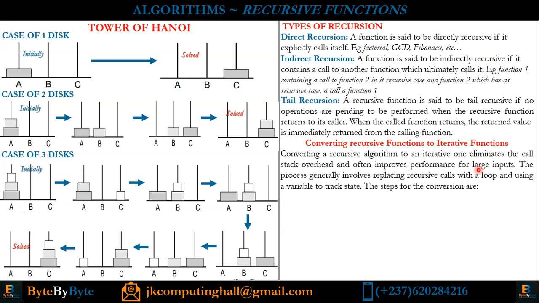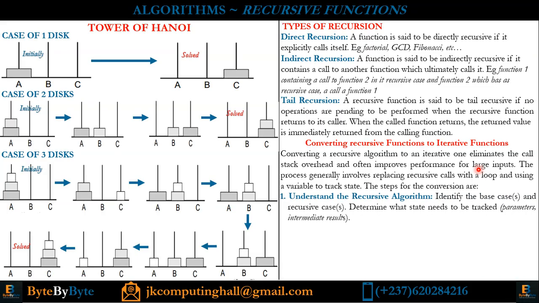The process generally involves replacing recursive calls with a loop and using a variable to track the state. The steps for the conversion are: 1. Understand the recursive algorithm. Identify the base cases and the recursive cases. Determine what state needs to be tracked, the parameters or the intermediate result.